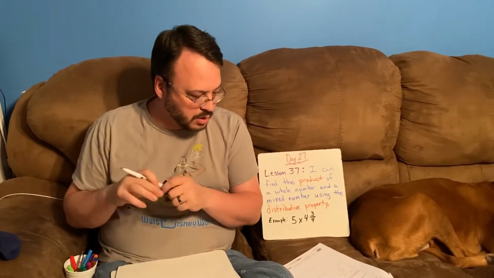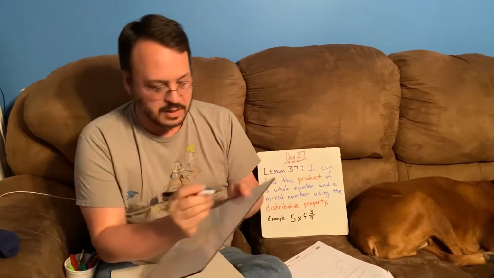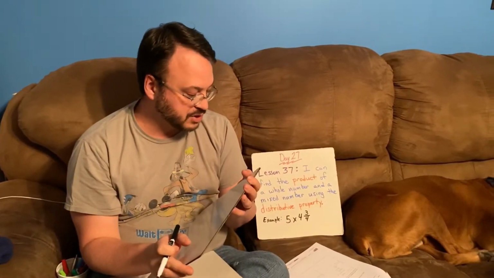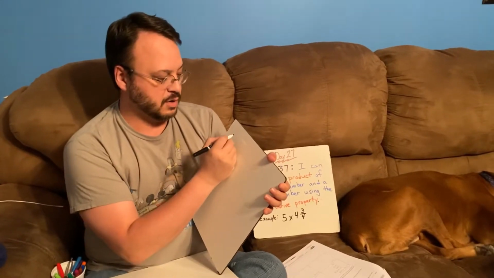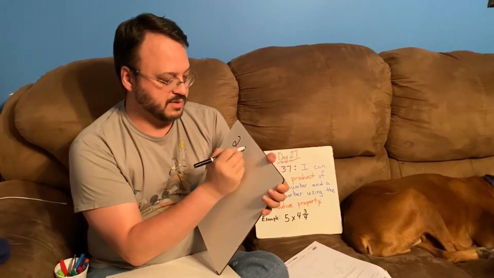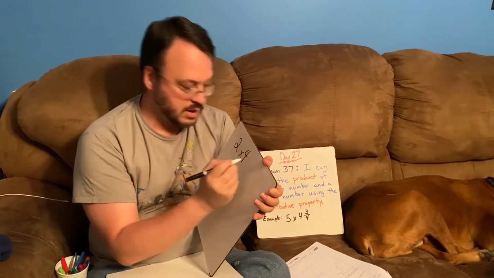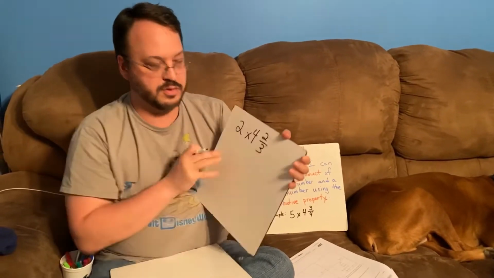We've got 2 times 4 2/3. I'm just going to solve this because the second part of that problem says write a multiplication expression to match each tape diagram. Well, what we're going to do here is we're just going to say 2 times 4 2/3.